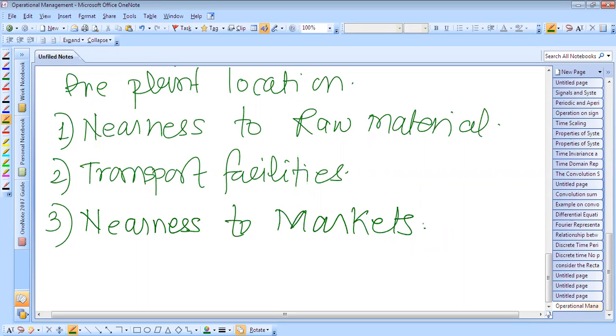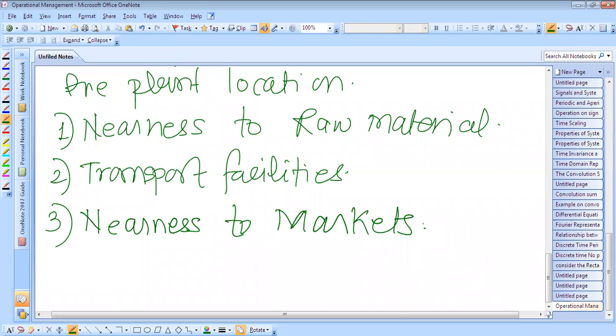Otherwise, again we have to spend money on transportation, taking the finished product to the market. If your market is very near to the plant, the transportation cost will be reduced, as well as the chances of the finished product getting damaged and spoiled on the way, because your distance is very small.